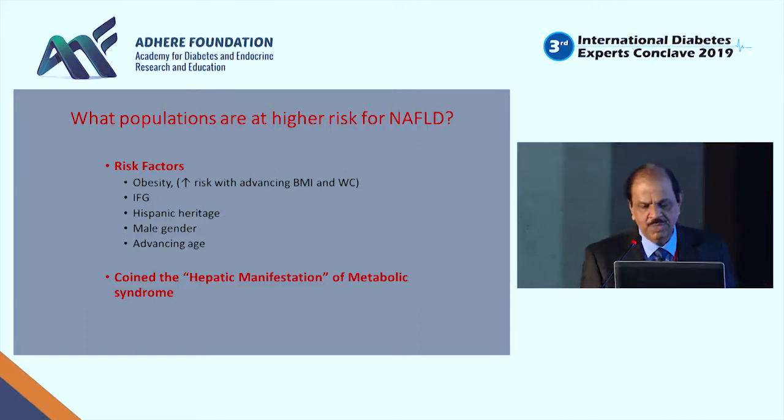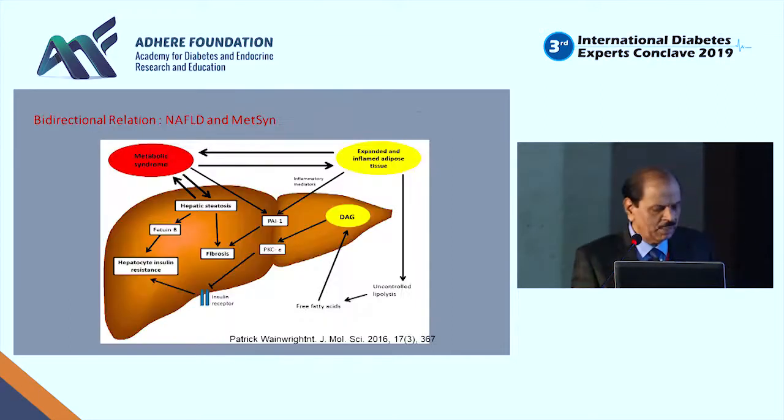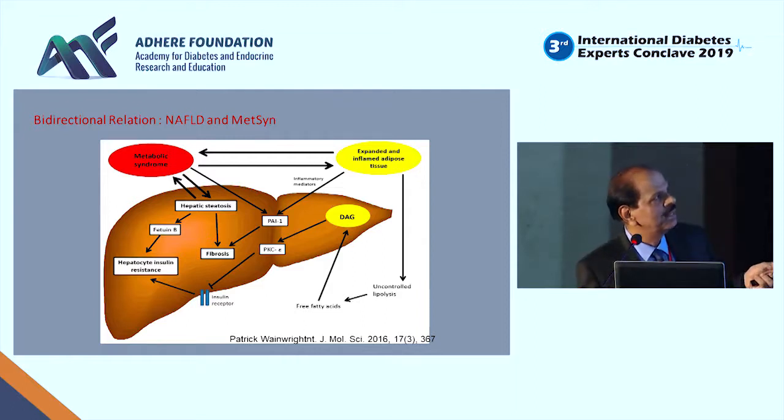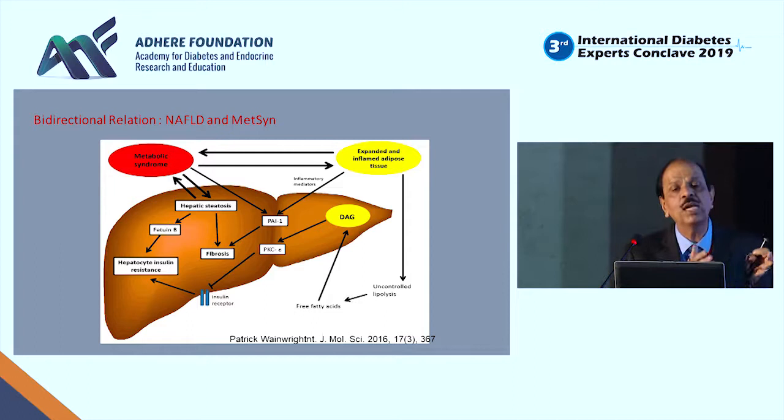And of course, there's a coined phrase, hepatic manifestation of metabolic syndrome. So metabolic syndrome and NAFLD are two sides of the same coin. And what happens here is a substance called ferritin B, which is actually called a cargo protein.